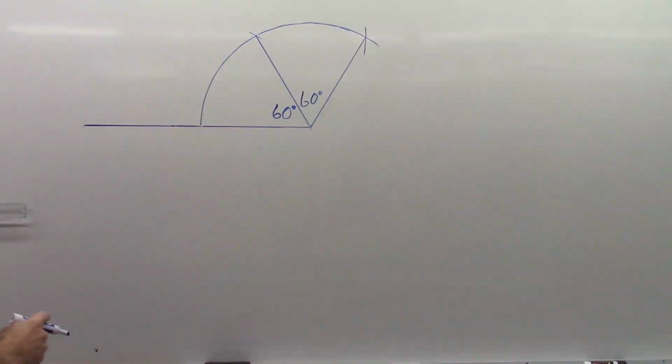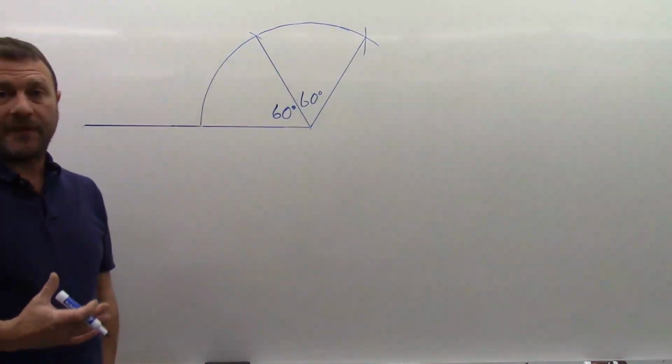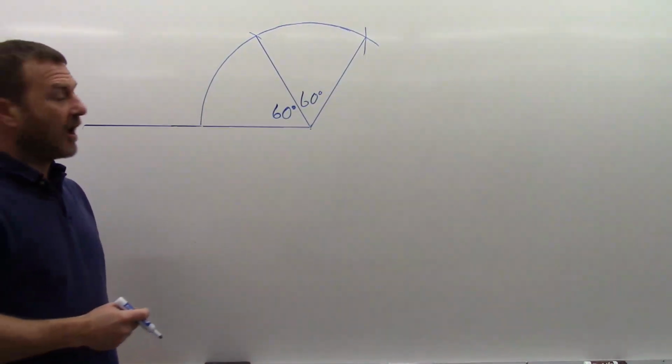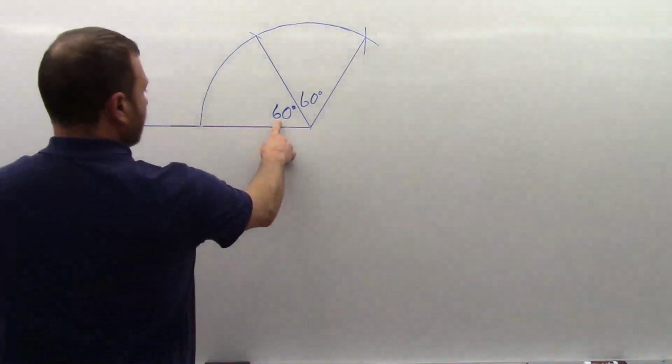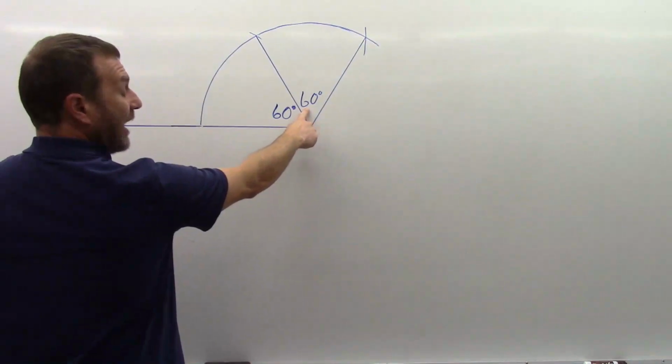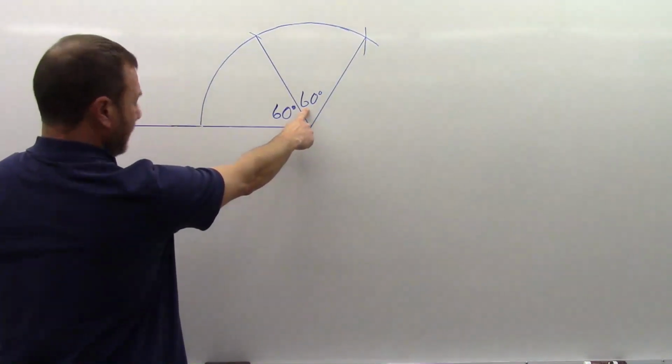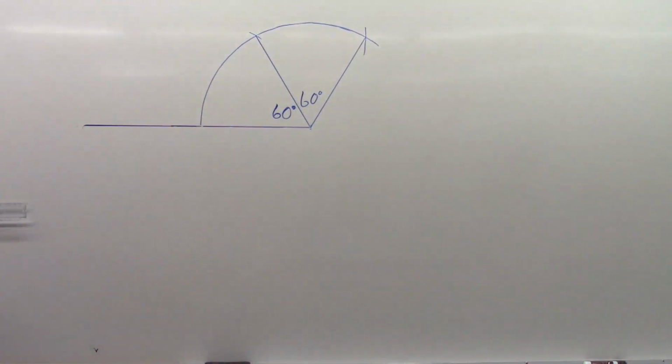And what we're trying to create is a 90-degree corner. The definition of perpendicular is a line 90 degrees to another. So we need a 90. So if I take 60 plus half of 60, or 30, I will create a perpendicular line.